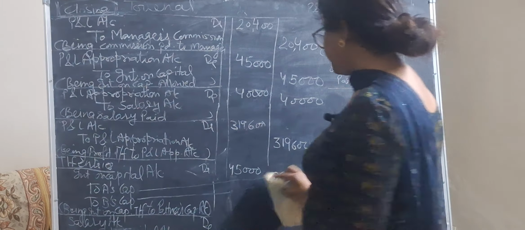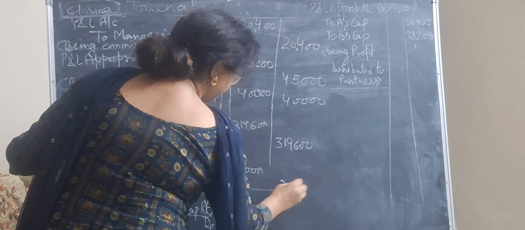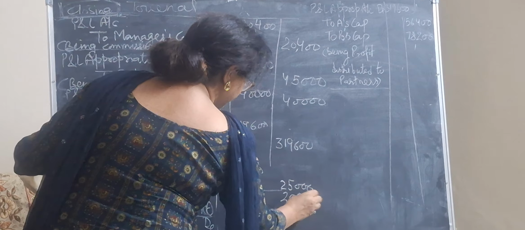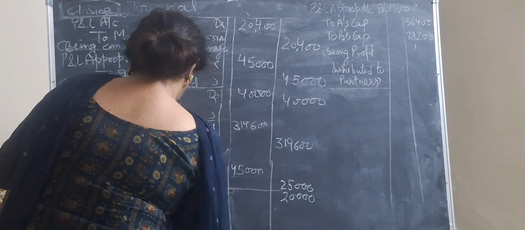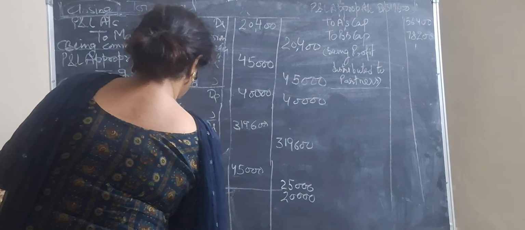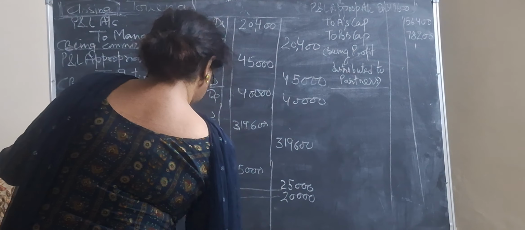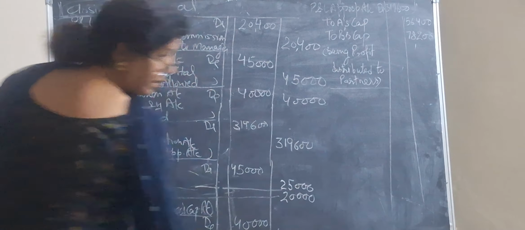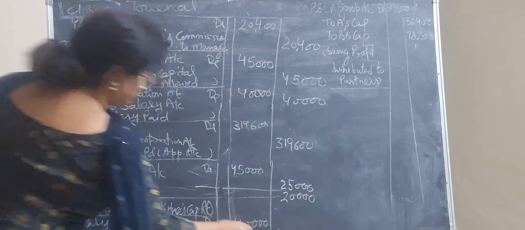All the journal entries, 25,000 and 20,000 is the interest on capital, and salary will be 40,000.